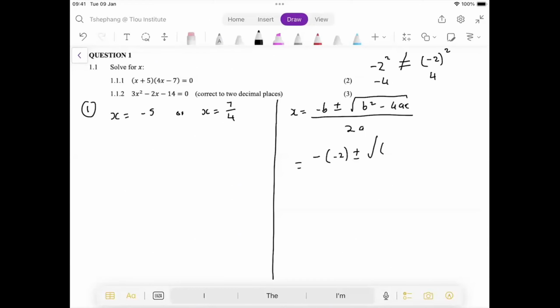So what we're doing here is saying -2 squared minus 4. What is A? 3. And C? -14. This is all under a square root, all over 2, and then our A is 3. Hope everyone is with me there.